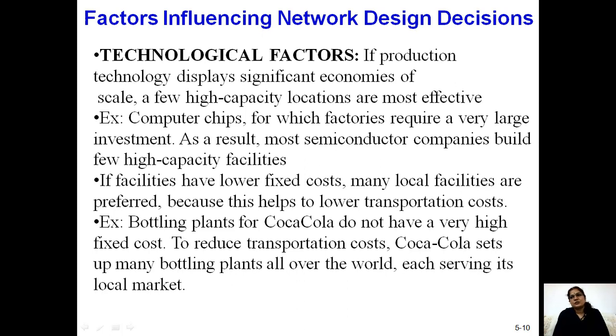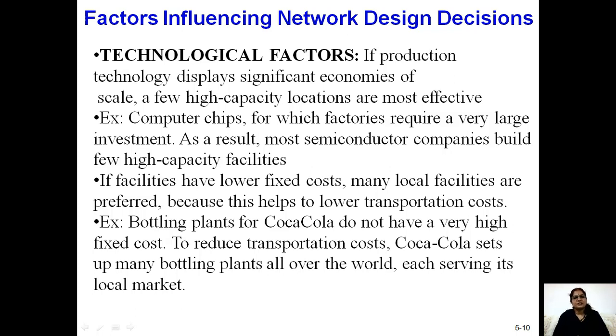Next is technological factors. If production technology displays significant economies of scale, here economies of scale is the plural of economy of scale, meaning doing any activity by keeping the cost low. It is the characteristic feature of an efficient supply chain.